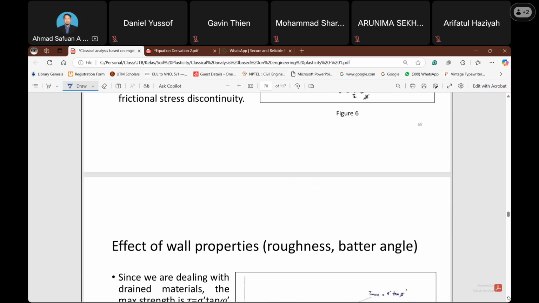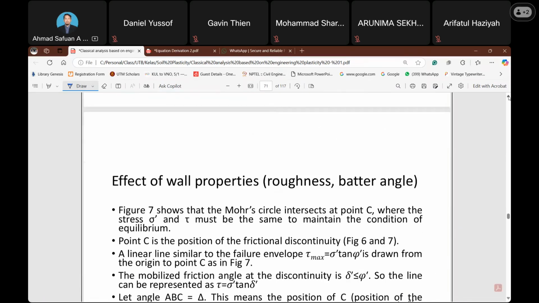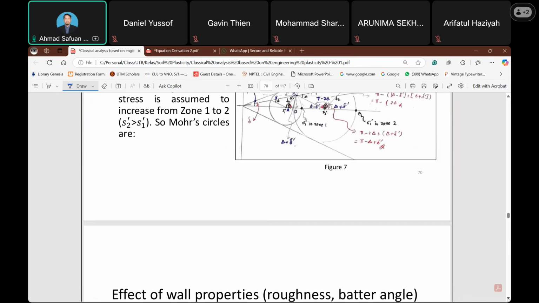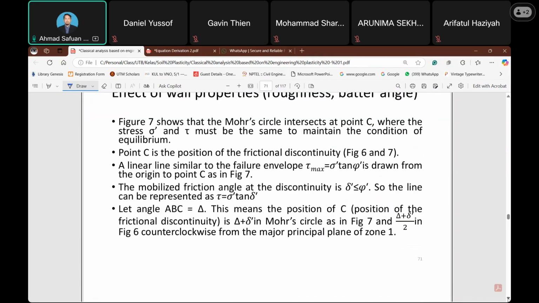So it's better to have the diagram in hand because we need to look at the diagram during the explanation.